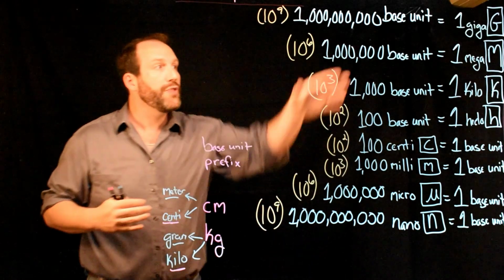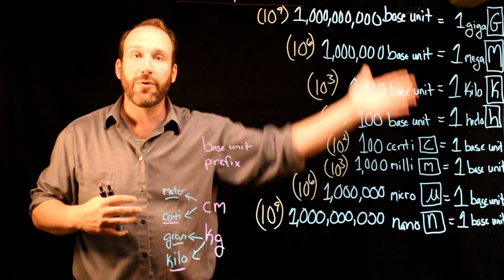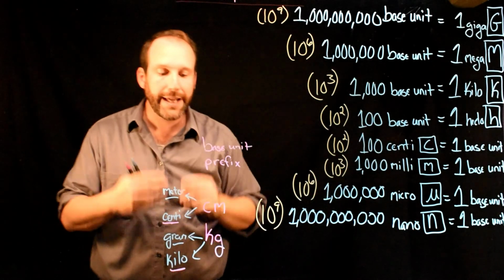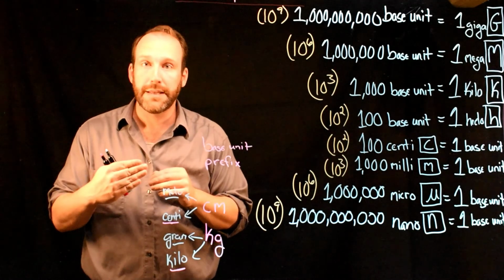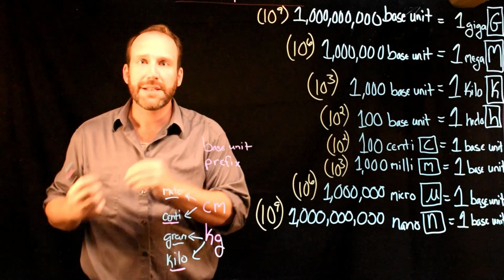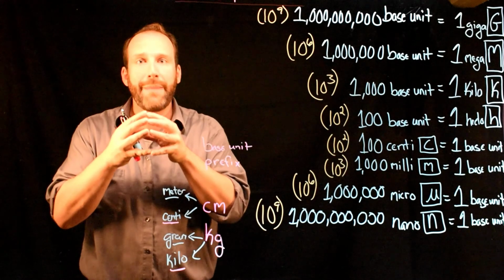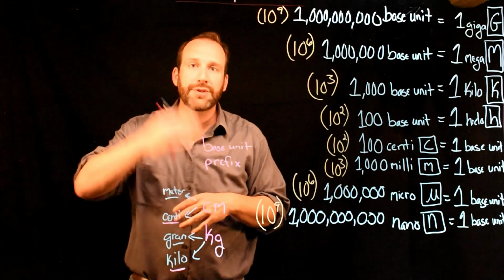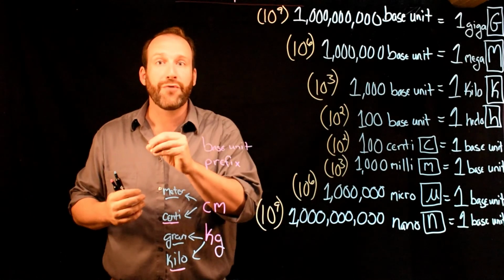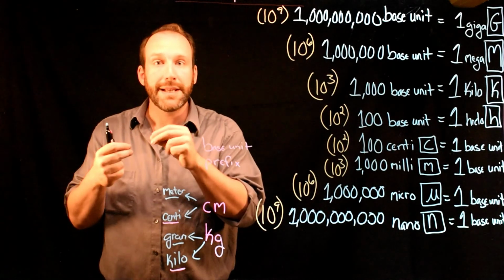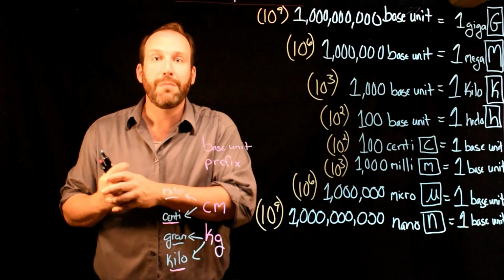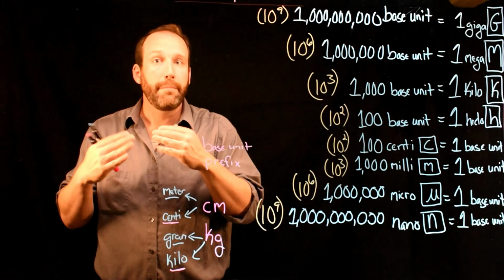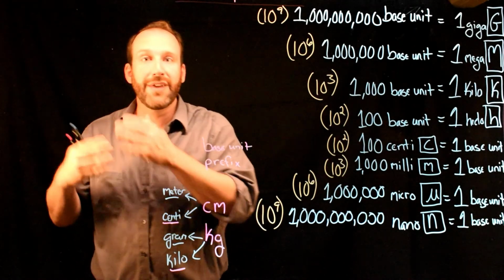All right, and so this is our plan for our method, our definitions for how we can change these base units, prefixes that we can add to these base units to better describe our measurement scale. Right? One thing we're asked to do a lot in chemistry is to convert from one unit system into another unit system. We might be asked, how many meters are there in 5 kilometers?